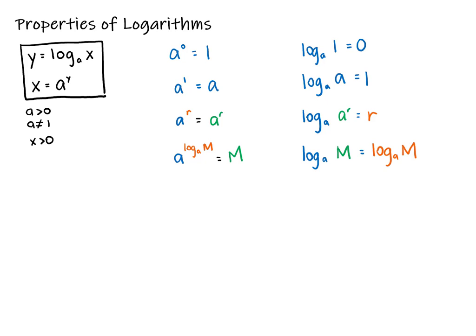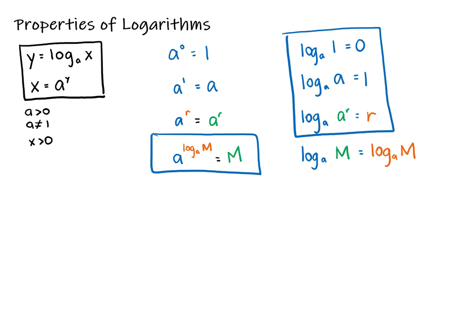So we have a to the power of log base a of m is equal to m, and once again we're looking at this as the composition of logarithms with exponentials, and my input of m becomes my output of m when I compose those two functions together.